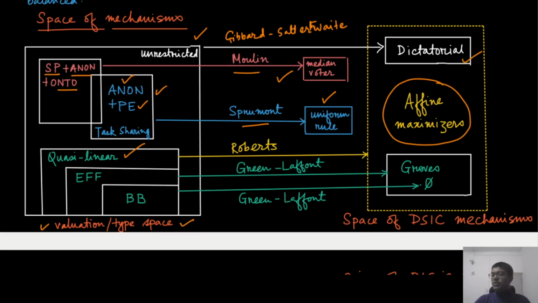In particular, if you are looking at only the efficient allocation rules, then by Green-Laffont, you know that it is going to be the Groves class, which we discussed in this module itself. And if you impose efficiency and budget balance together, then you get nothing. So that is not possible.